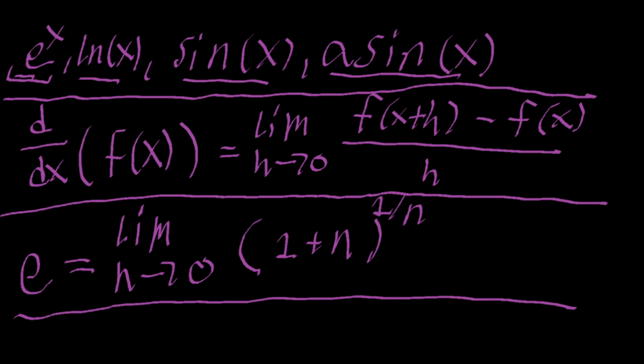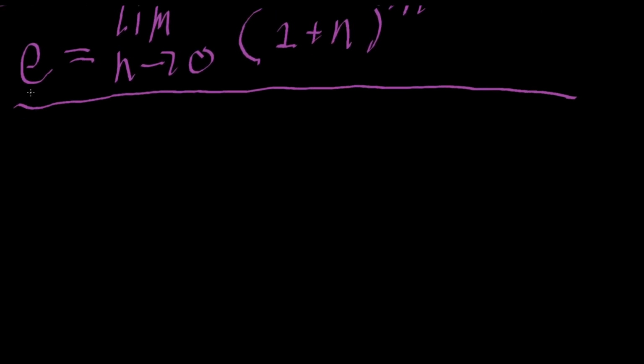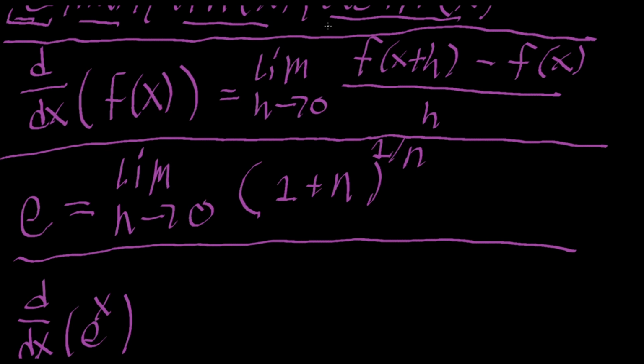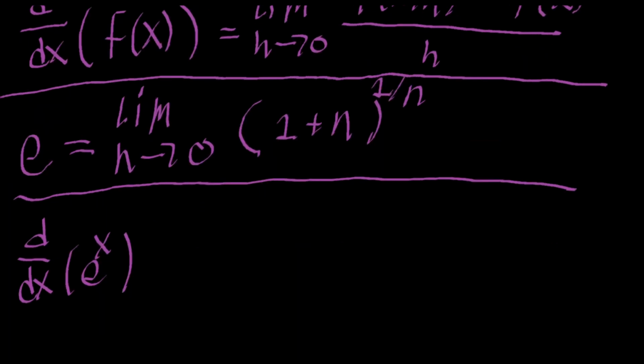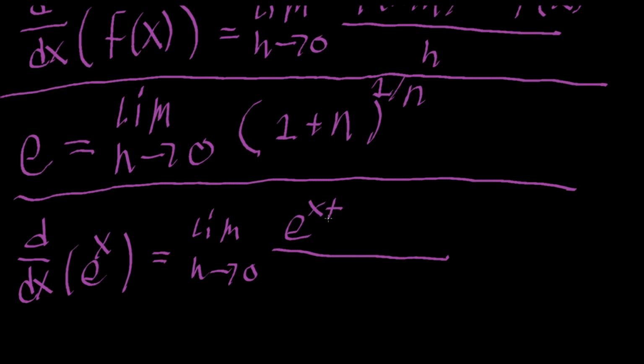So let's just get right into it. So the derivative of e to the power of x, by the definition of the derivative, will be equal to the limit as h is approaching 0 of e to the power of x plus h.